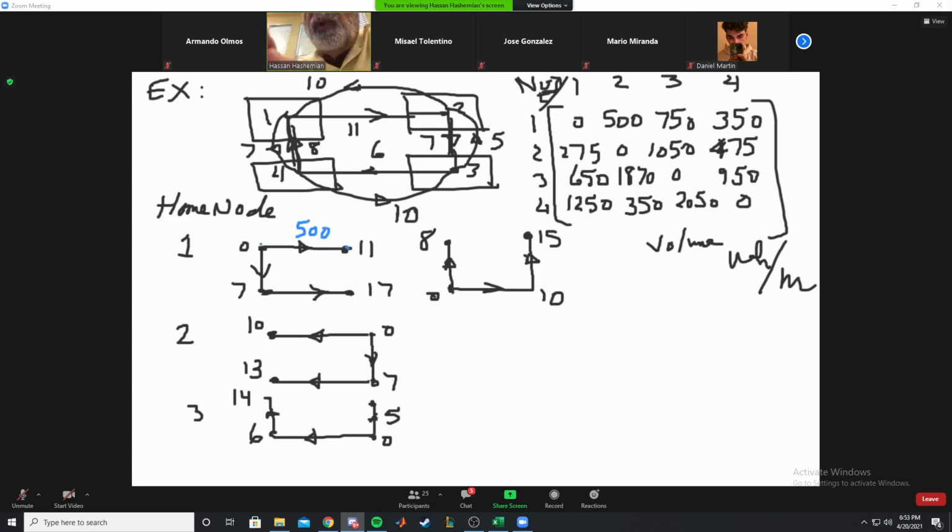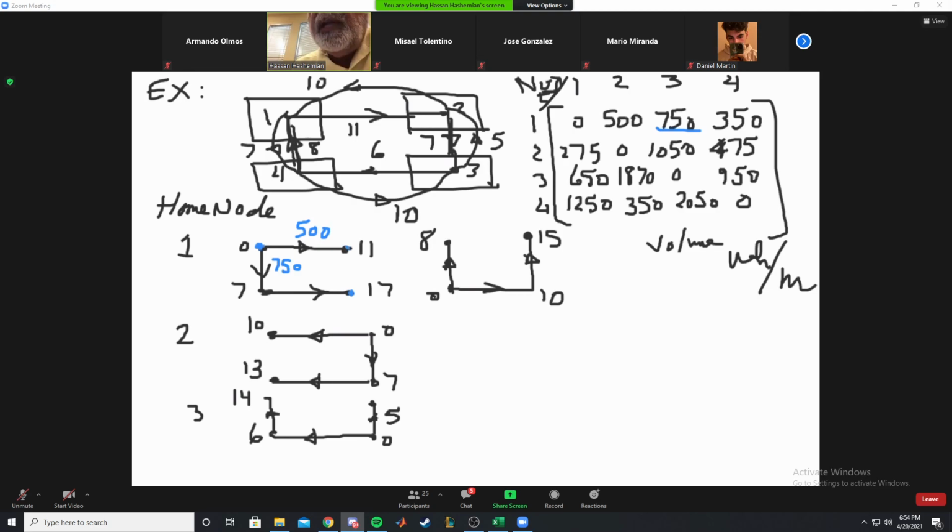Now we have to go from 1 to 3. Okay, pay attention to this one. If you want to go from 1, which is right here, to 3, which is right there, 750 trips it shows. But if I want to go from 1 to 3, I have to come to 4 and then go to 3. That's the way I'm supposed to go. So 750 trips will be on this link.